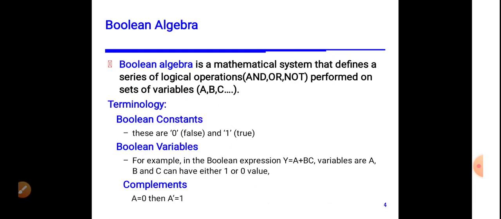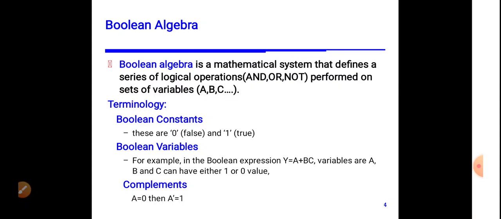Coming to the actual concept, which is Boolean algebra. A Boolean algebra is a mathematical system which defines a series of logical operators. The logical operators are the basic logical operations, which are AND, OR, NOT, and all these three are the basic operations performed on the variables.